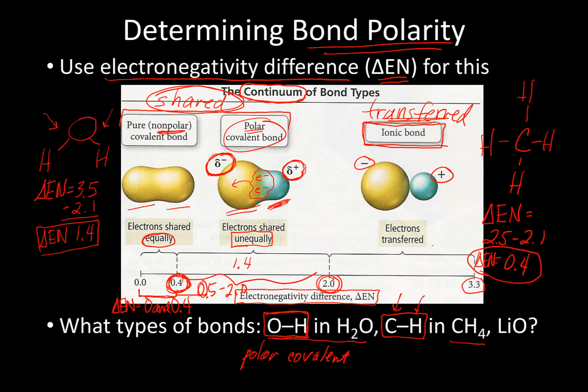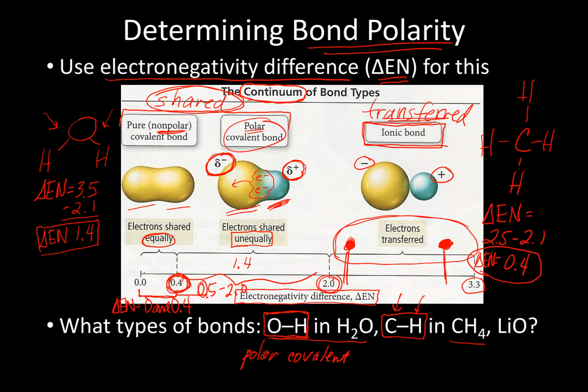You've got ionic bonds, up here in this region. But within this region, you could say something has an electronegativity that falls somewhere here versus another compound that's got an electronegativity that falls there. This bond is more ionic than this bond, right? And it's a continuum.